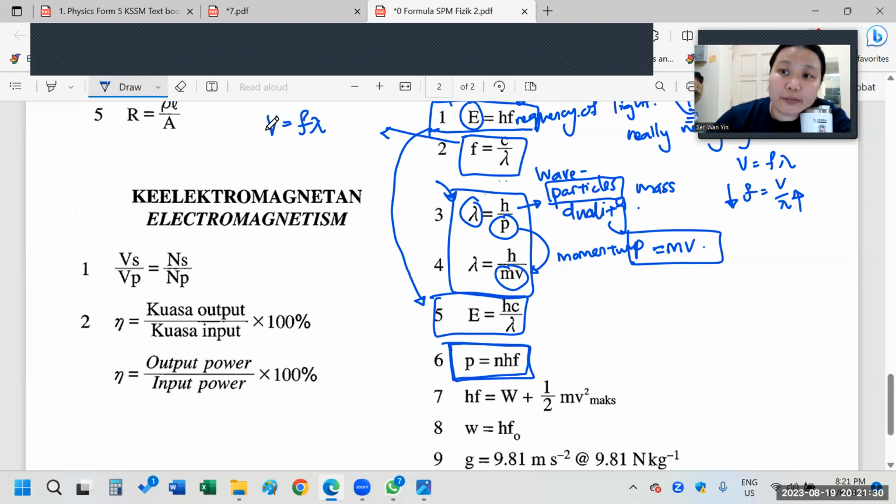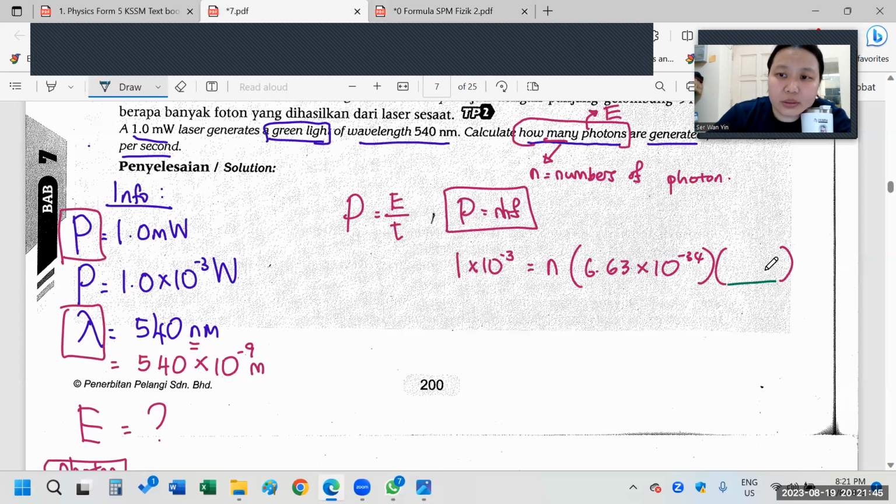But the wave speed for EM wave is c, the light speed. So we can say f equals to c over lambda. So now if we want to find f, since lambda is given, we can calculate. f equals to c over lambda comes from where? c equals to f lambda.